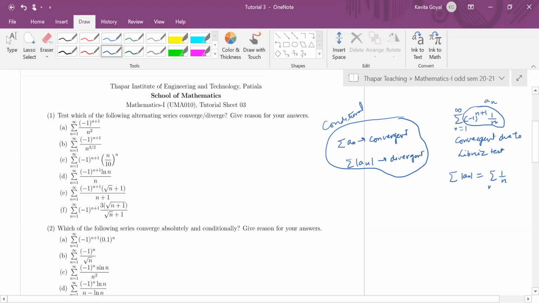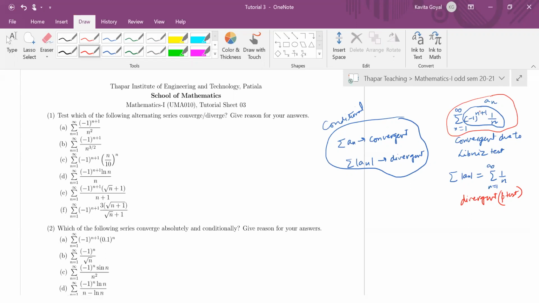So this is 1 by n from 1 to infinity, and this series is divergent due to p-test. So this is an example of a conditionally convergent series. In the questions here also, we'll have some series which are conditionally convergent.